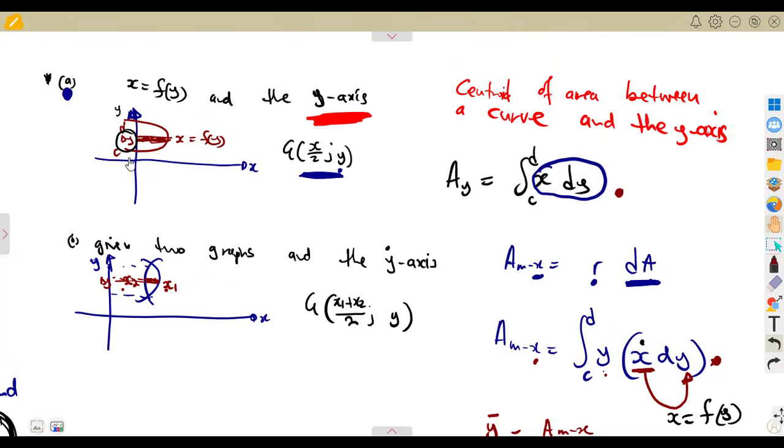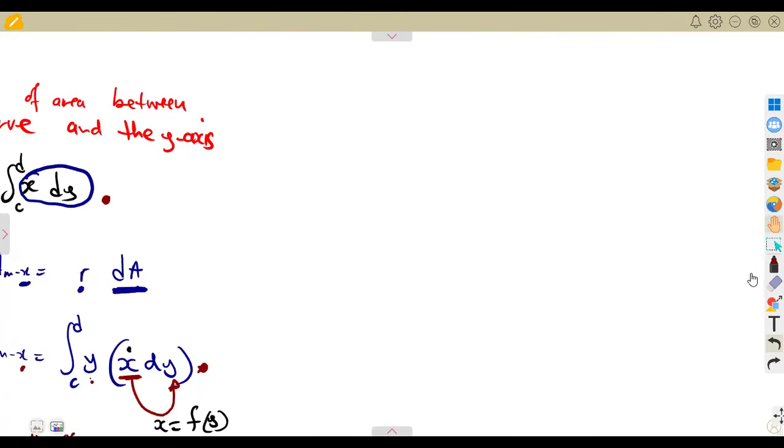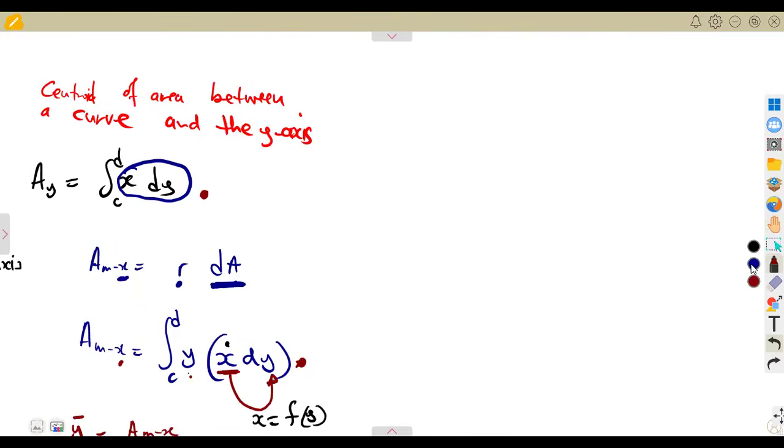From this same diagram, where the strip is for y or the area is for y, they can ask us a condition where we need to use the area moment for y, just like what we did on this one, the area moment for x. So what is going to be the area moment for y? The area moment for y is going to be taken from this same formula, r dA.